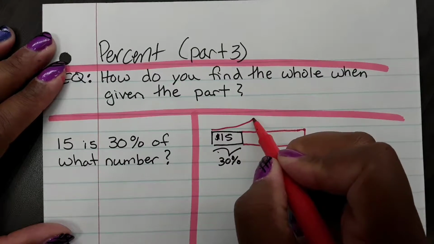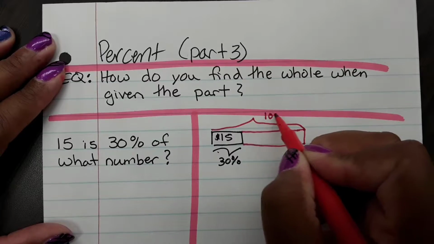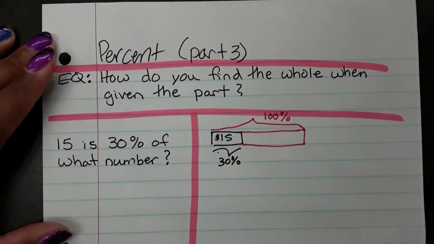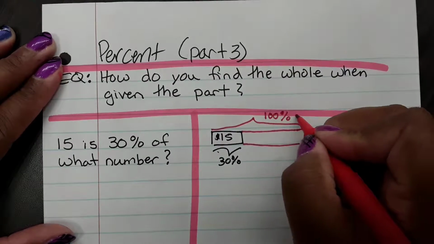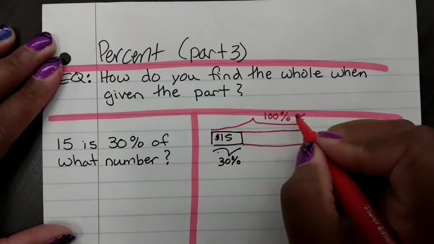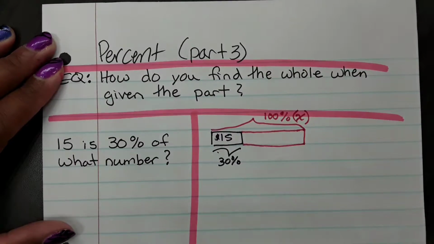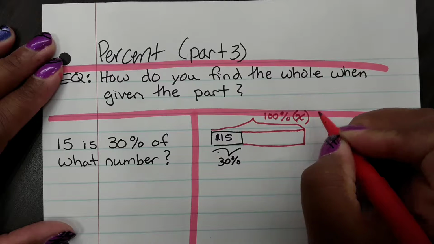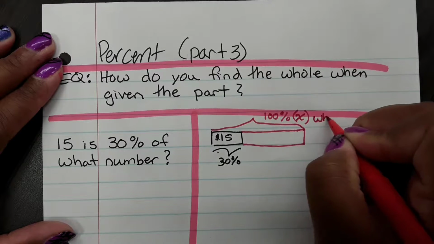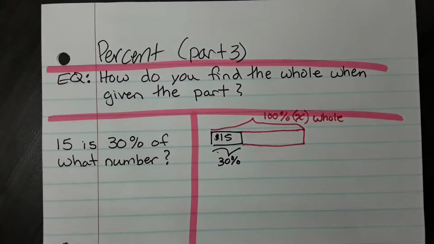We need to know what was entirely, so the 100% that was in her purse. That is our missing value this time. We're going to call it X. It's going to represent what the whole amount was in Miss Castro's purse.